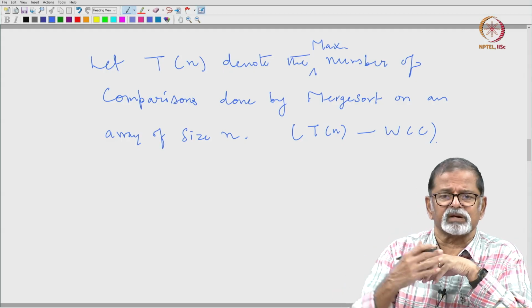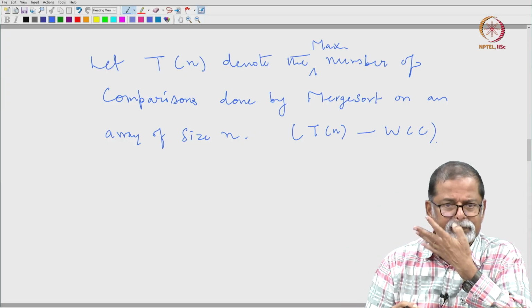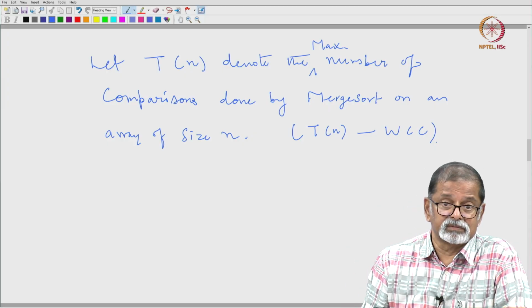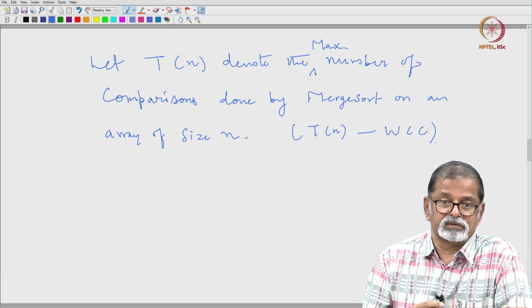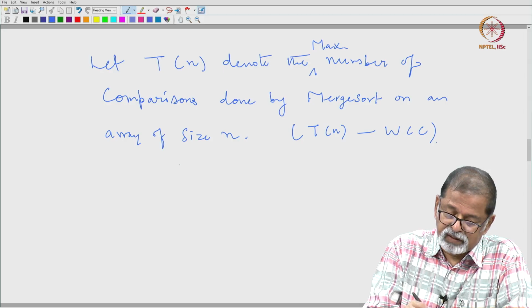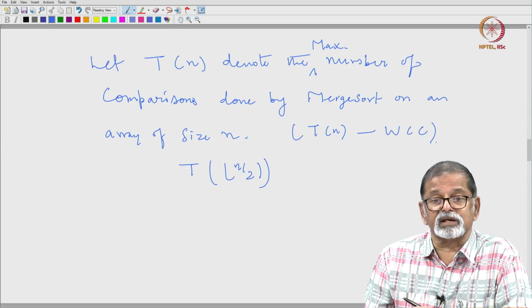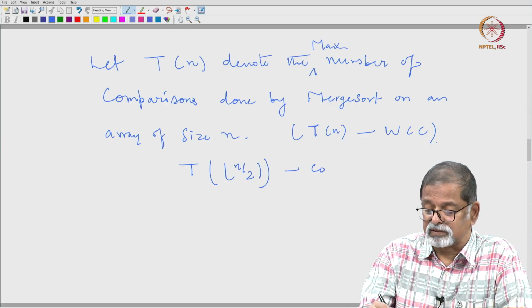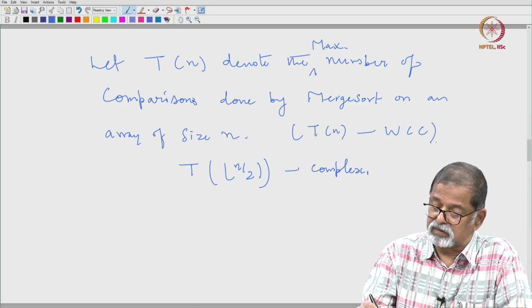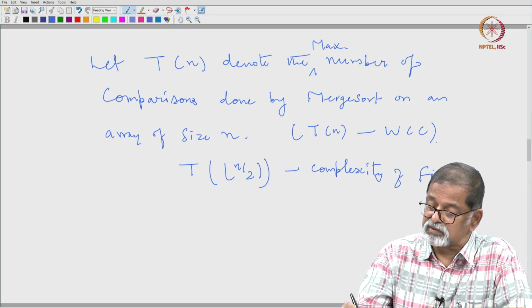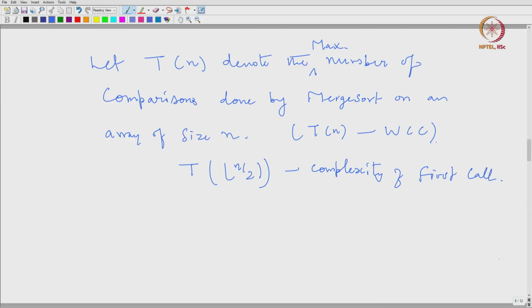Now, in the execution of the merge sort, you first run on the first half, and what is the complexity of the first recursive call? That will be T of floor n by 2. This is the complexity of the first call, and T of n minus q, we have seen it is ceil n by 2, T of ceil n by 2 is the complexity of the second call.